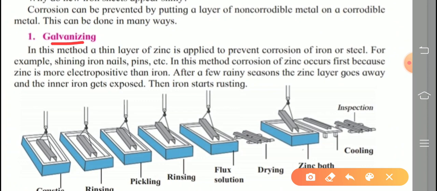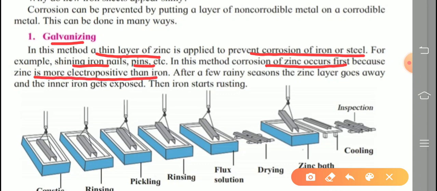In this method, a thin layer of zinc is applied to prevent corrosion of iron or steel, for example shining iron nails, pins, etc. In this method, corrosion of zinc occurs first because zinc is more electropositive than iron.